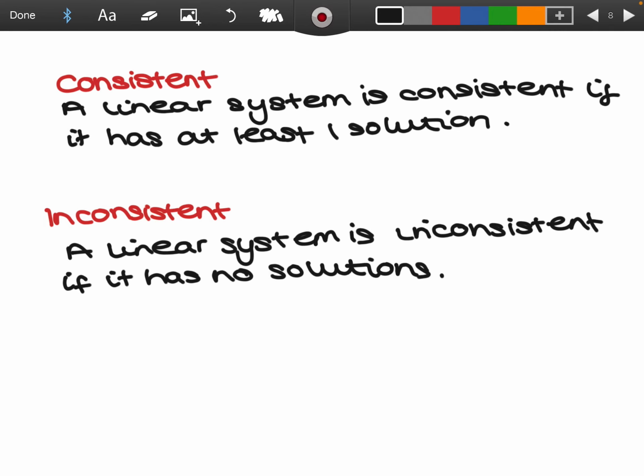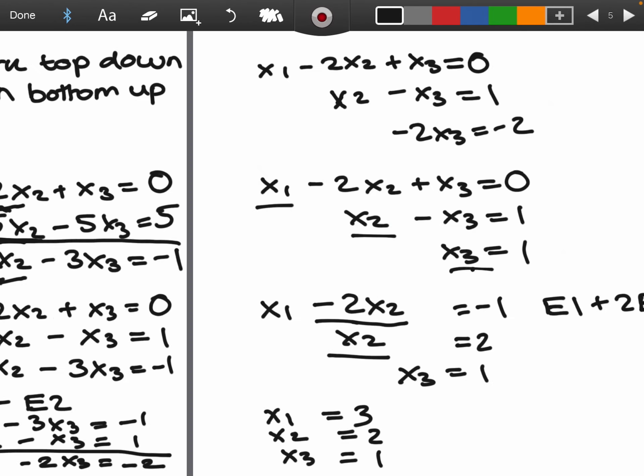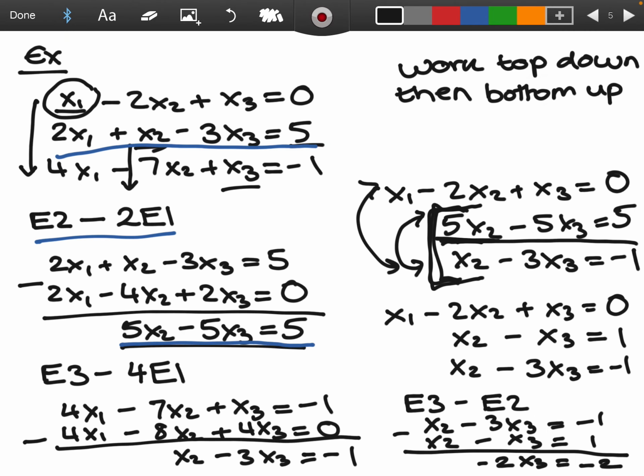It goes through this system, 3 equations in 3 variables, exactly the same as what we did back here. It eliminates x1 from the second and third equations. It then eliminates x2 from the third equation, so it's worked top down.